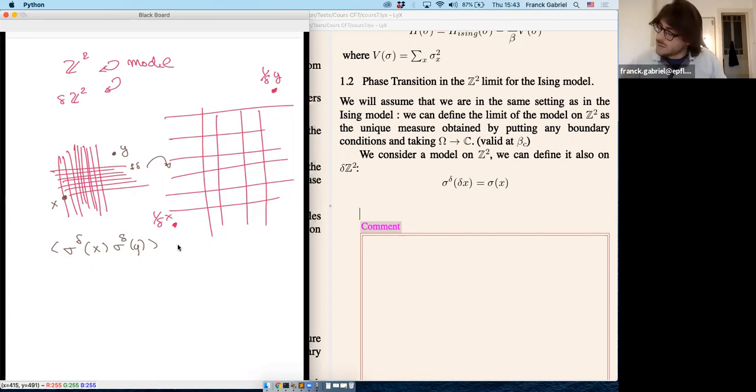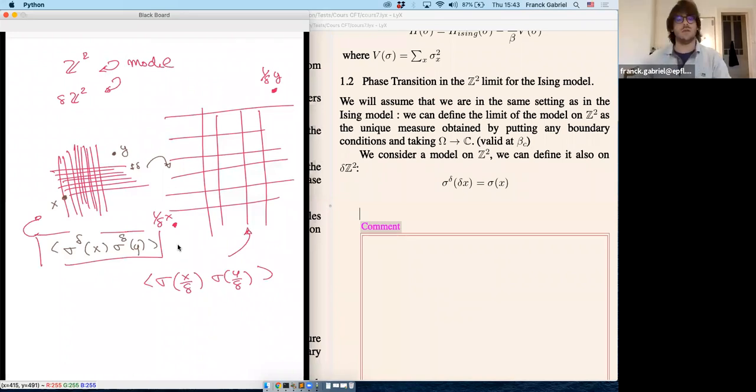So trying to understand this thing in the scaling limit is similar to trying to understand this kind of thing, but in the Z2 grid.